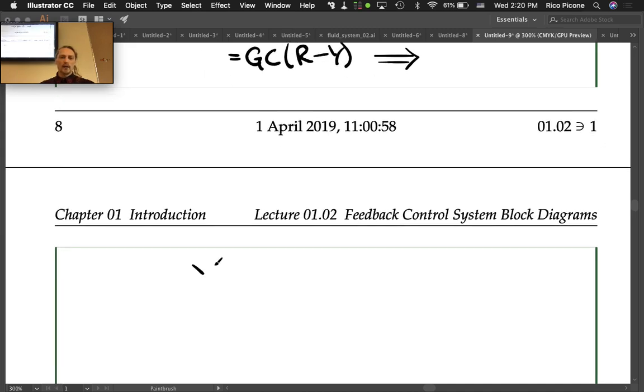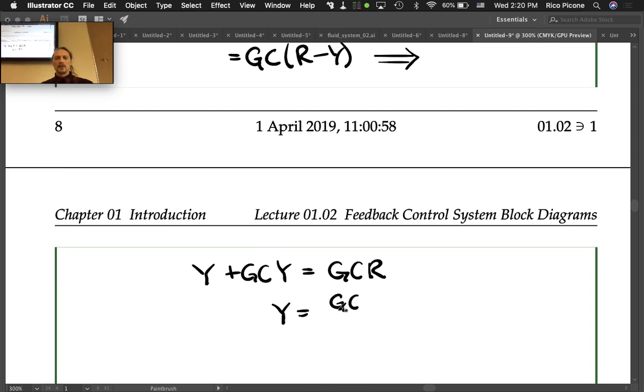We have Y plus GCY equals GCR. We can then factor out Y and divide by what's left. So Y equals GC, when we move the R out front, divided by 1 plus GC, all of that times R.